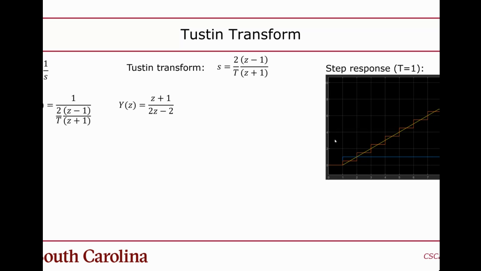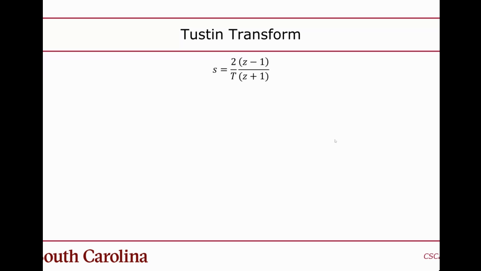And then the orange line is the output from the discretized transfer function, the z plus 1 divided by 2z minus 2. And so check it out. It's doing exactly what you'd expect it to do. It's like a little staircase. It kind of hugs the continuous space, and it changes every second. So that looks basically what you'd expect.